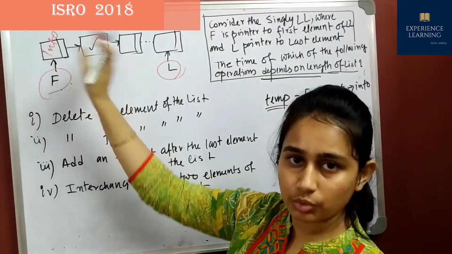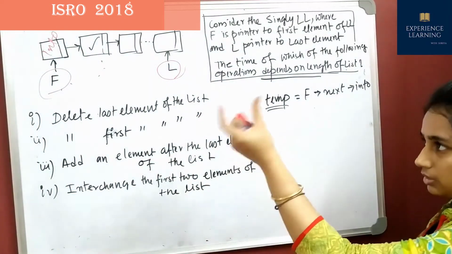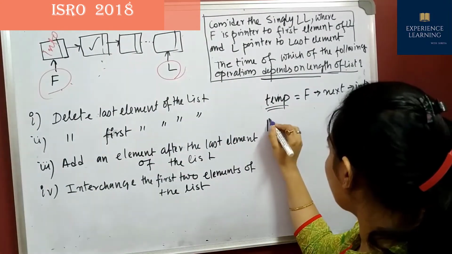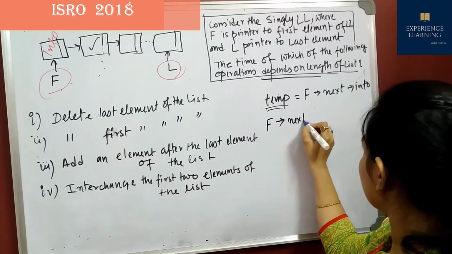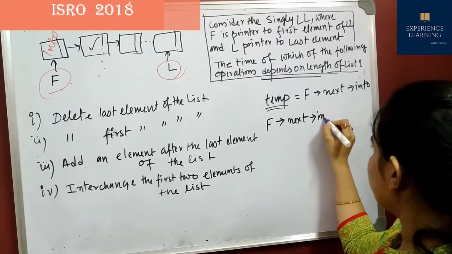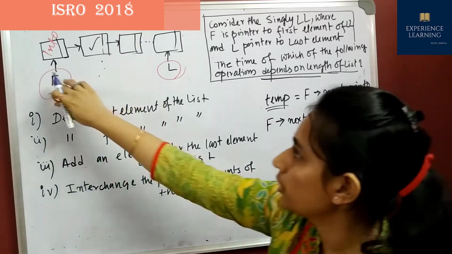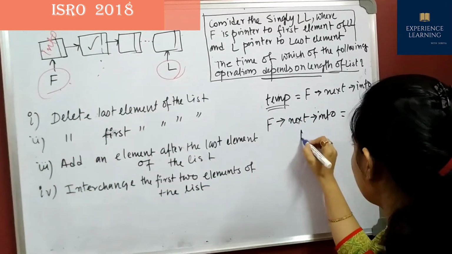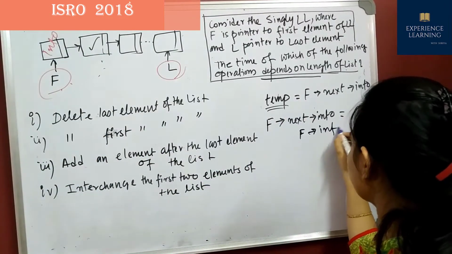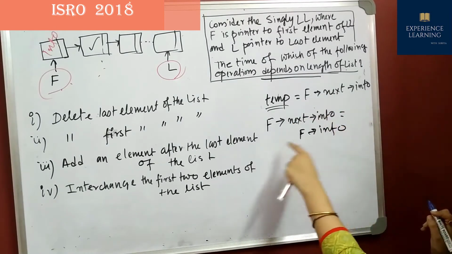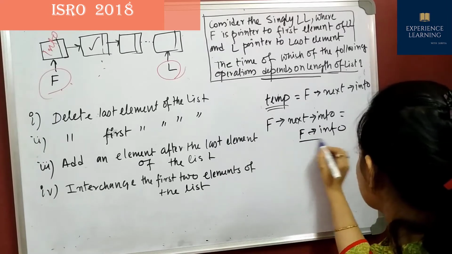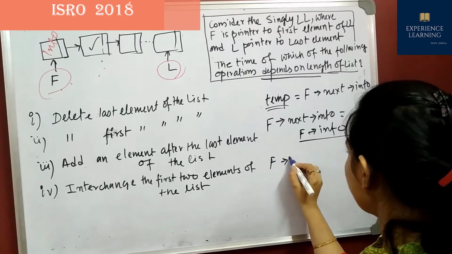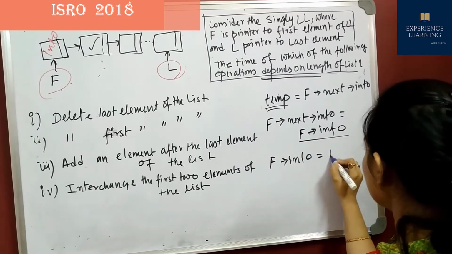Now you want to change the value, so I am writing f next info equals f info, this one, and obviously now you want to set f info equals temp.